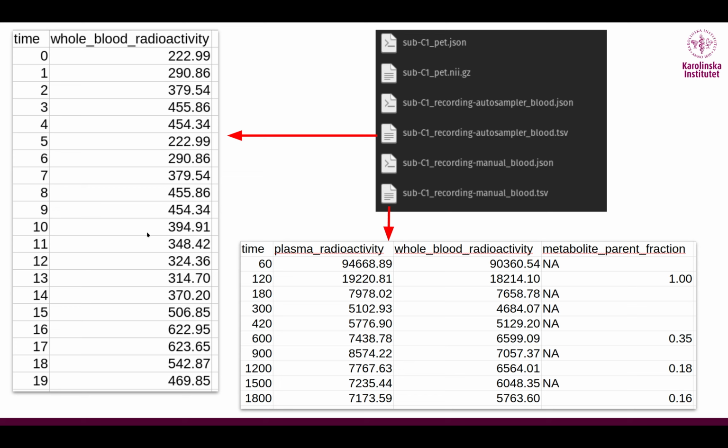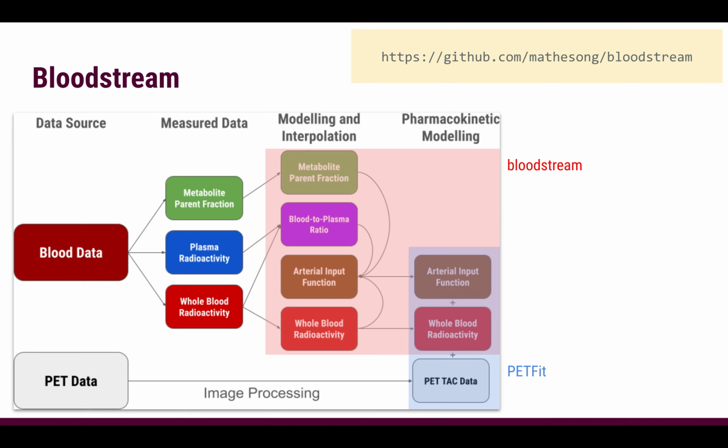So the job with blood modeling is typically to model the quantities that we don't have at a high level of temporal granularity, in order to infer from the measurements that we do have at a high level of temporal granularity what the other quantities would have been, in order to get a combined quantity at the end. So our data source is the blood data, where we have measured data from metabolite parent fraction, from plasma radioactivity, as well as whole blood radioactivity.